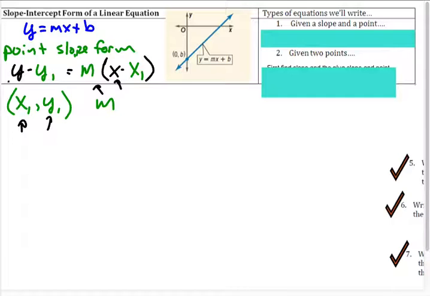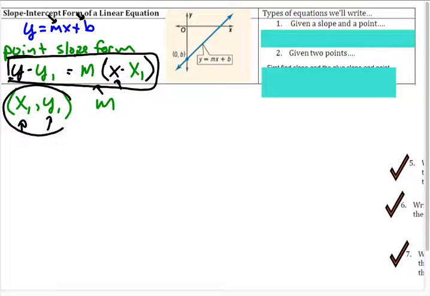This is the original x and y that you're working with, that you're going to leave in the equation when you rewrite it in slope-intercept form. So this is slope-intercept form, makes sense because you're given the slope and the y-intercept. Point-slope form, you're given a point right here, and you're given the slope, whatever that is in this case.